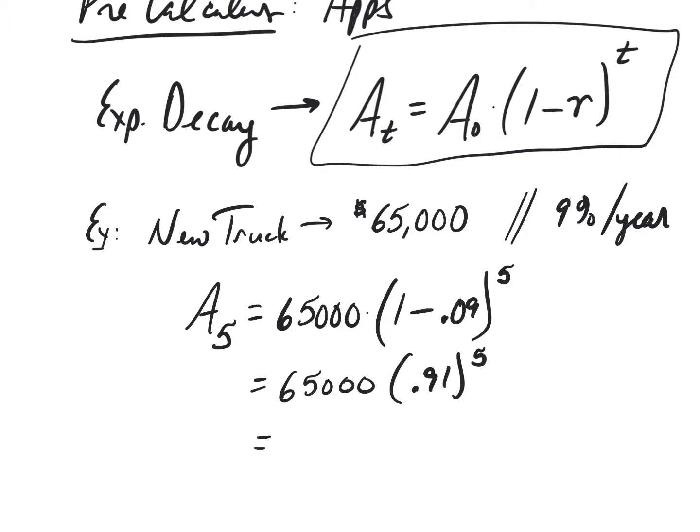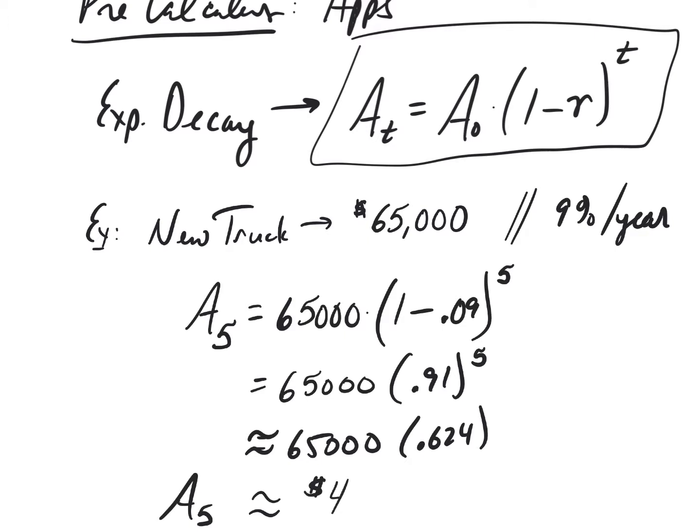We raise 0.91 to the 5th power, which is about 0.624, I'm rounding there. And then I multiply that by $65,000. Again, with a little bit of rounding, we're at about $40,562. So after 5 years, that brand new $65,000 truck is worth $40,562.